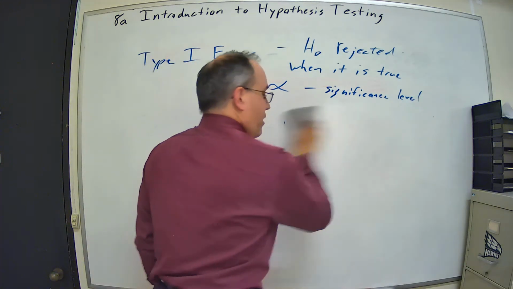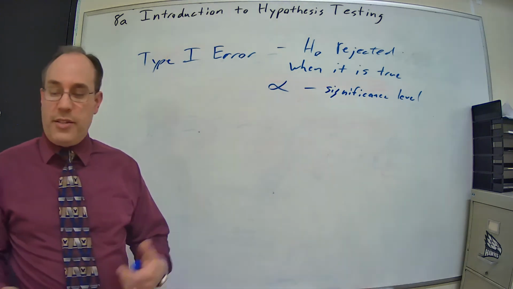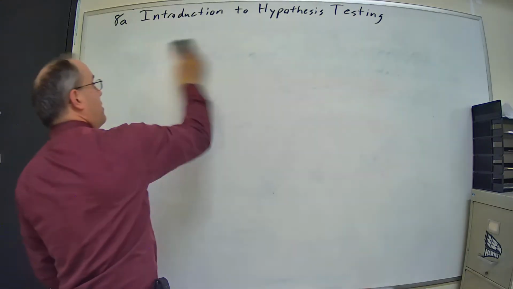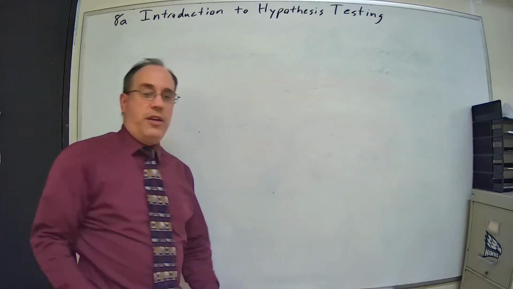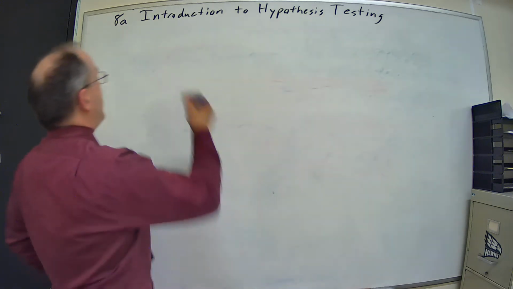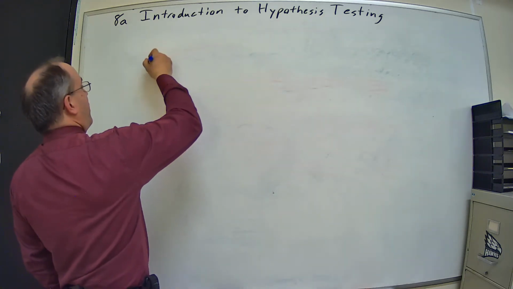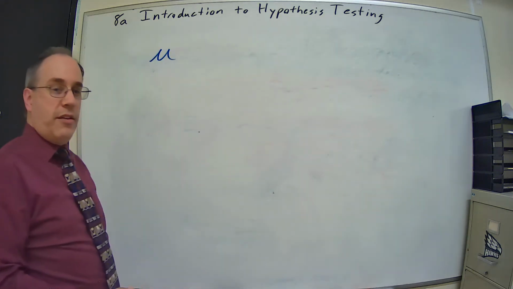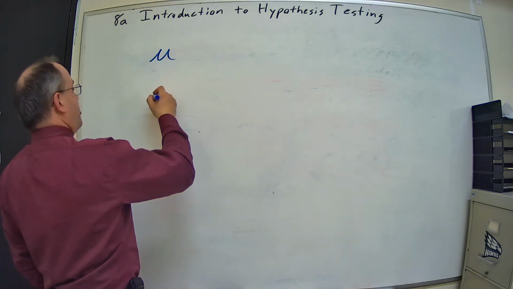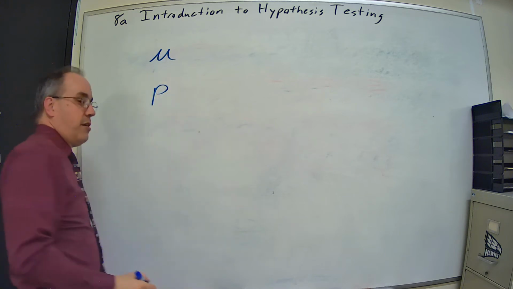So let's take a look at this a little bit and see where we're going with it. Well, first of all, remember we're testing these claims. The claims are about population parameters. So we may deal with claims about the population mean. We may deal with claims about the population proportion.